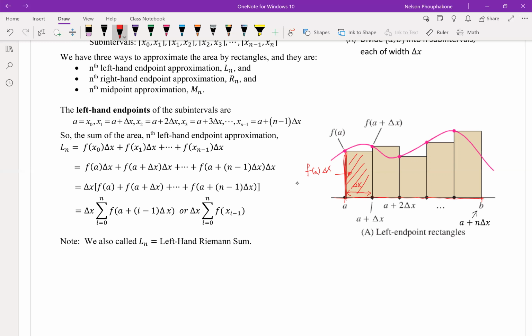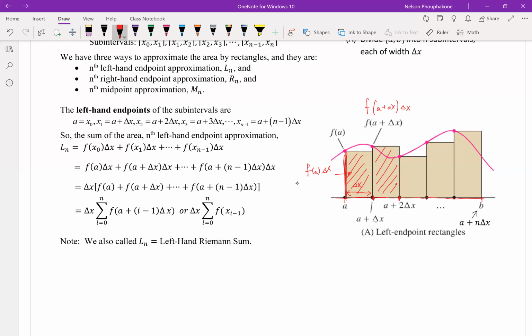And then, of course, the next endpoint, because the width here is delta x, will be a plus delta x. And then this number right here will be a plus 2 times delta x, and so on and so forth. And of course, for the second rectangle, the area of this one will be f of a plus delta x, because again the input is a plus delta x here, times the width delta x.